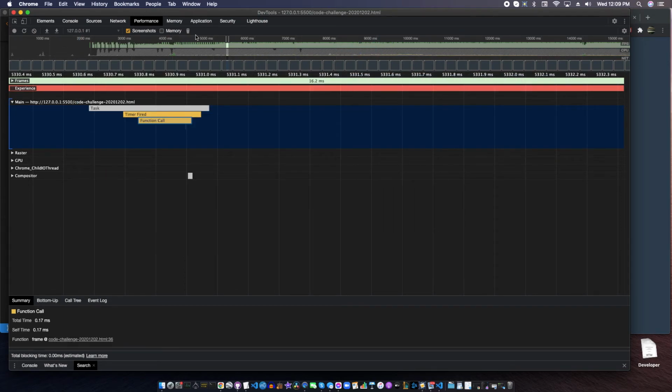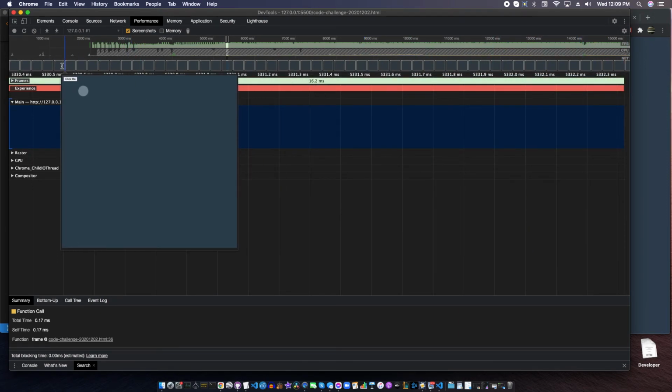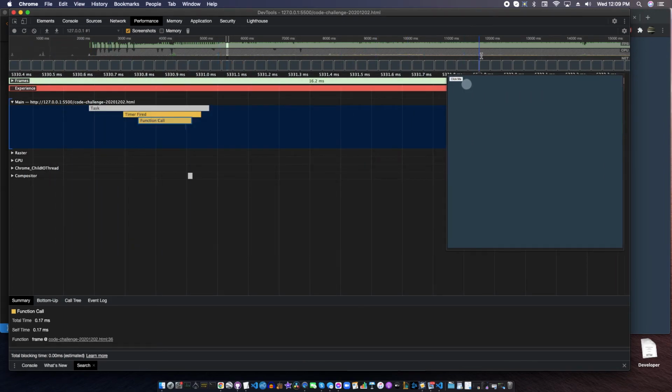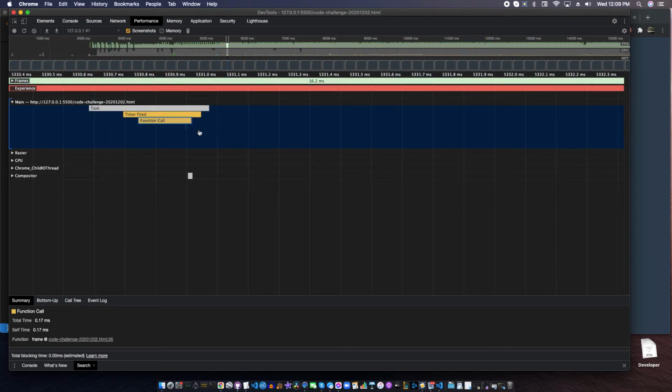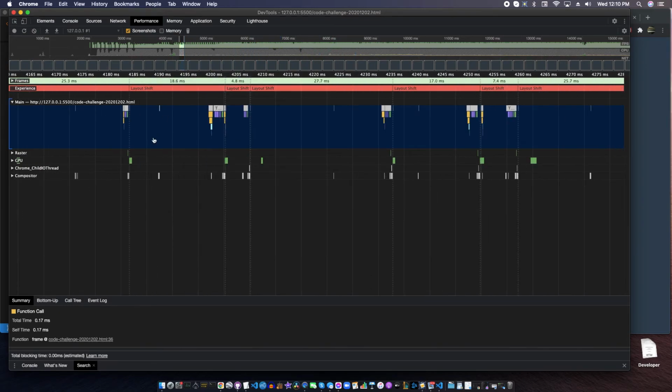2,000 milliseconds, 3,000, all the way to 10,000. So it records as long as you want. And then, yeah, it gives you a screenshot. You can click on this timeline and go to where you want.